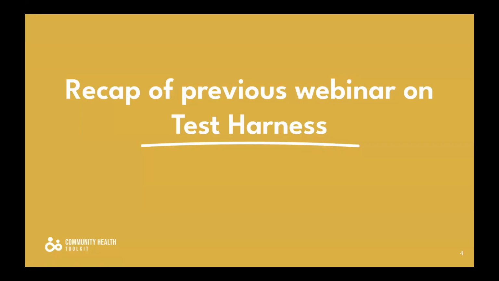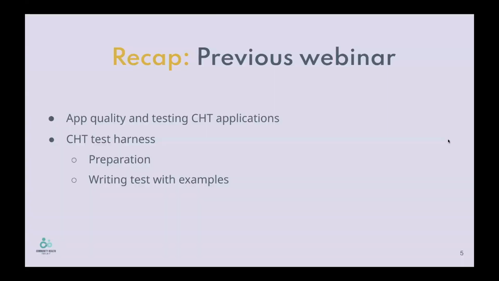Awesome. So in the previous test harness webinar, we went through the concept of app quality and how testing relates to app quality. And the main reason why we write tests for our apps is to make sure that our deployments function exactly the way we envision them to function.